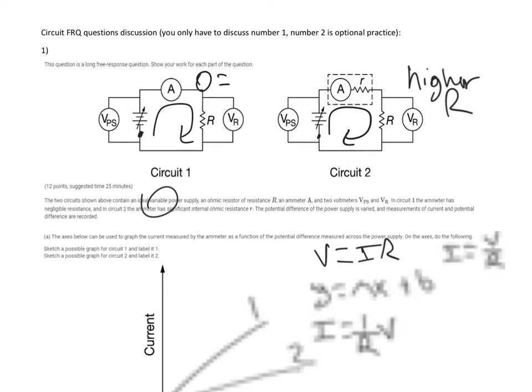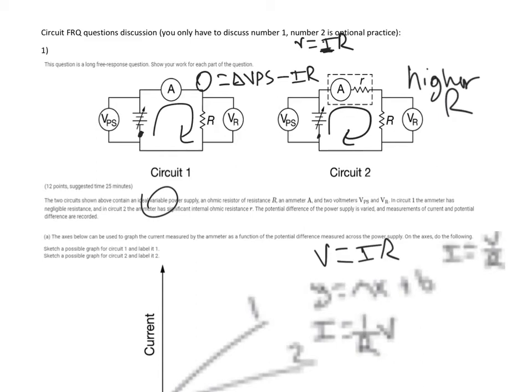So the sum of the voltages has to equal 0, meaning I get a voltage gain here. This would be delta V_PS minus IR. Where do I get IR? Voltage is IR. We're writing the loop rule, so we only care about voltage, but we have to write it in terms of what we're given.